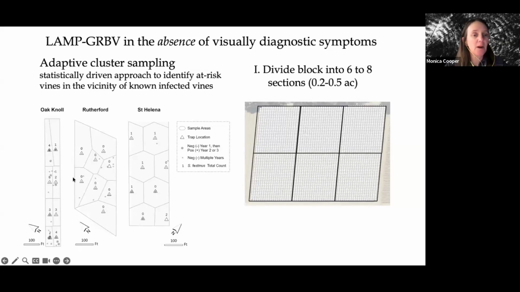And the first thing we did was divide the block into equal sections. So in our experimental blocks, we did that based on where our traps were located, but you could do that in a very grid type pattern. So you take the block that you're interested in and divide it into equal sections that are between 0.2 and half an acre in size.